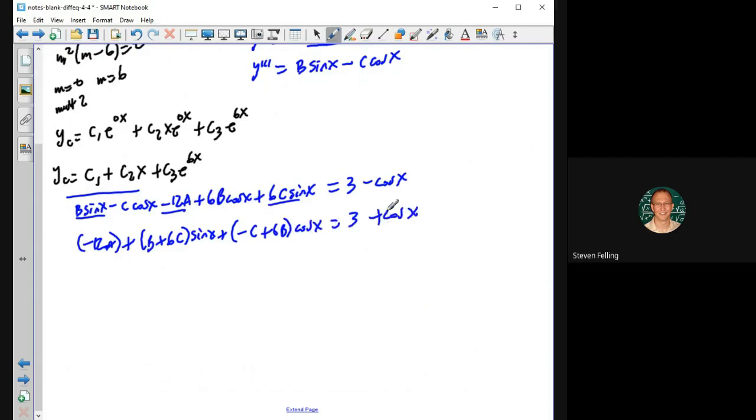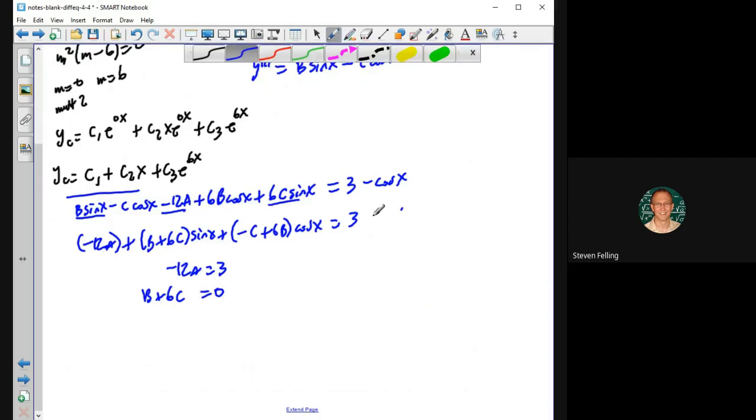So the constant negative 12a has to equal 3. B plus 6c has to equal 0 because there's no sine term over here. And then the cosine coefficient, negative c plus 6b, has to equal -1.